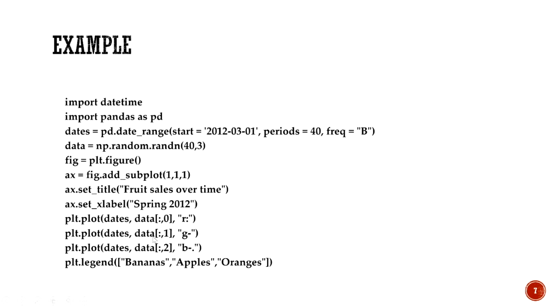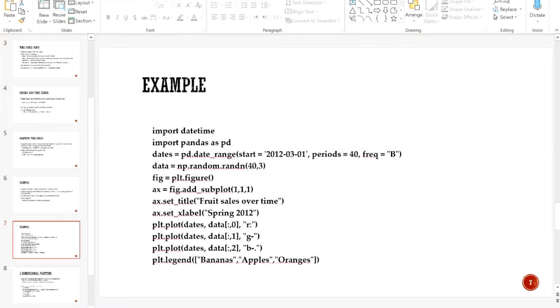The second column is the second variable with the same x values, and the third column is the third variable. The color is blue, and we add legends. So let's say we assign some arbitrary names to each column. In this example, we go with bananas, apples, and oranges. Now let's implement this.